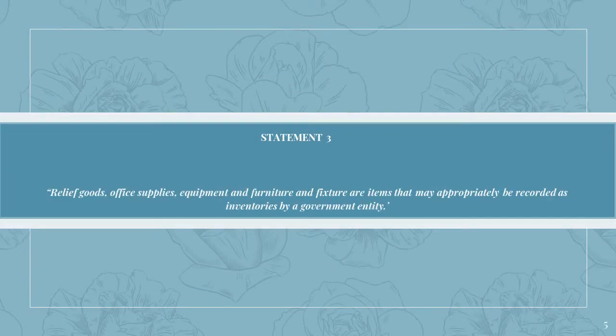For the third statement, we have relief goods, office supplies, equipment, and furniture and fixtures are items that may appropriately be recorded as inventories by a government entity.